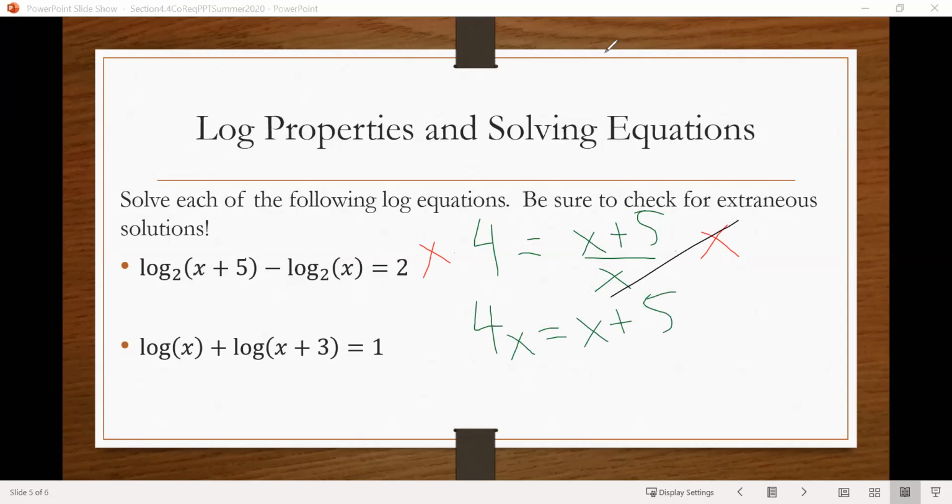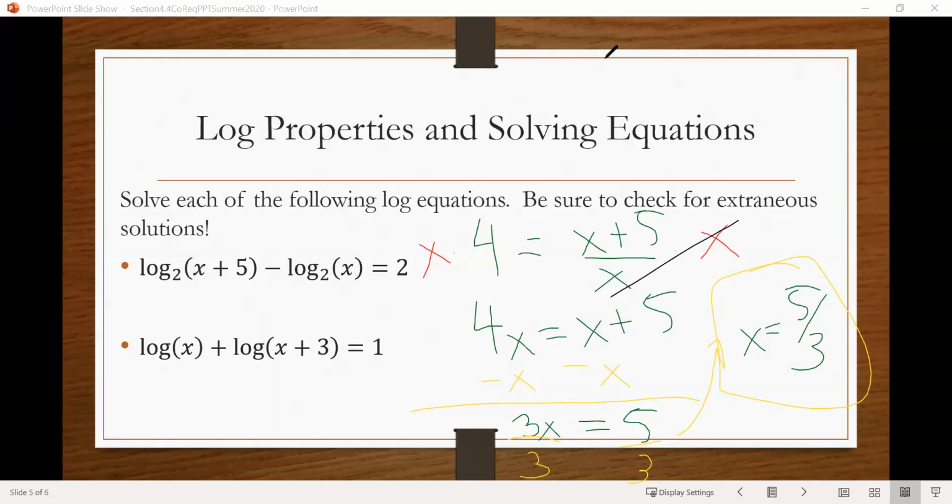You can subtract x on both sides. So we end up with 5 equals 3x, and then divide by 3 on both sides, and we'll end up with x equals 5/3. Okay, so that would be our value for x there.